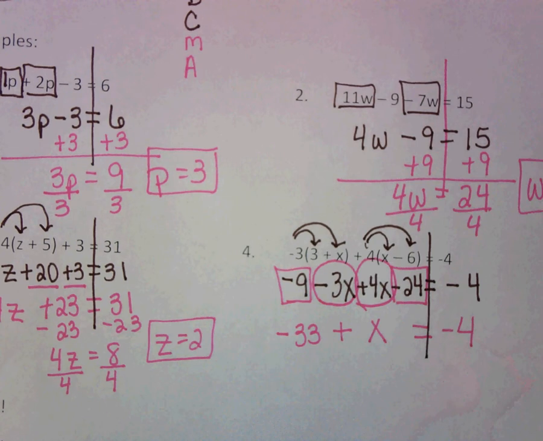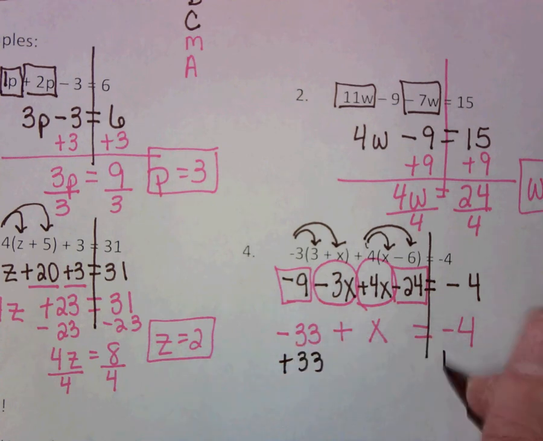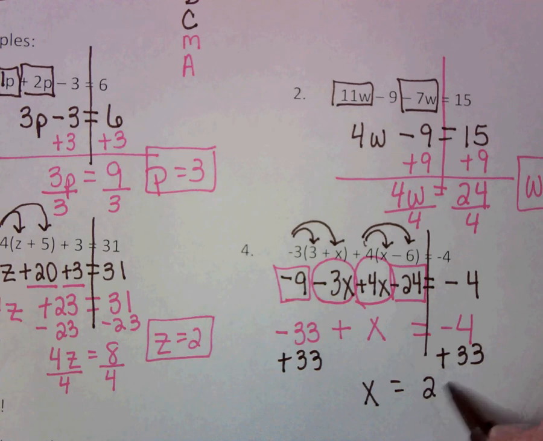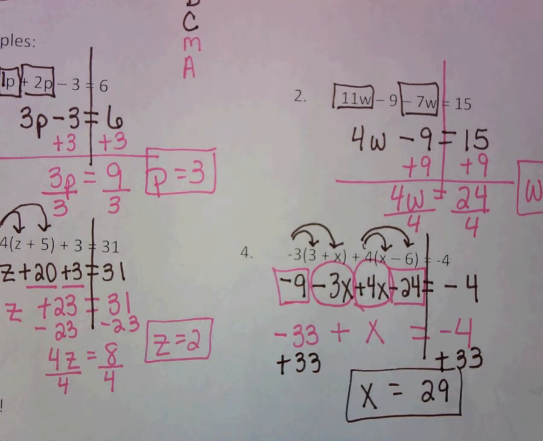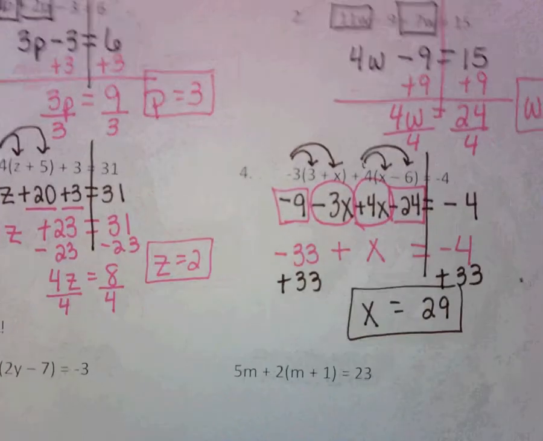Ooh, this is going to be nice and easy. Now all we have to do is add 33 because it's negative. And we get x equals 29. Okay. I feel like that's wrong, but I think that's right.